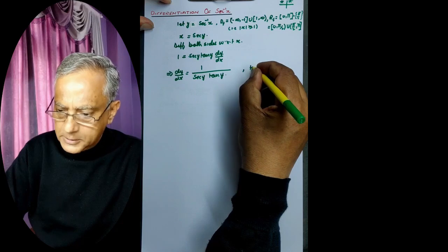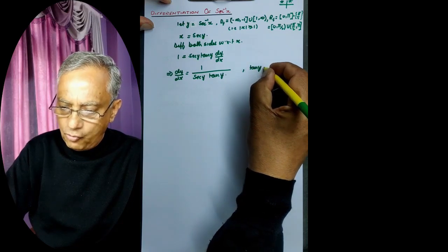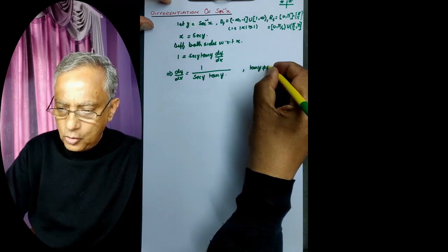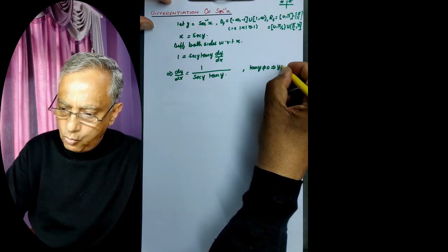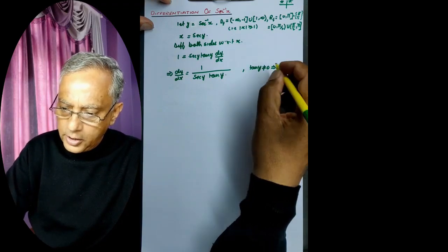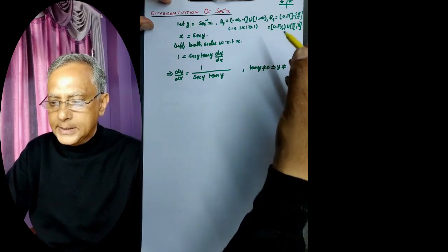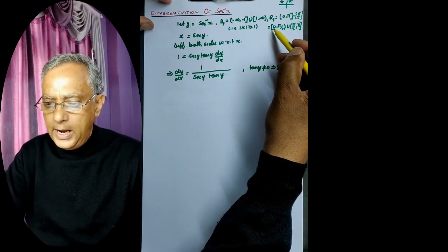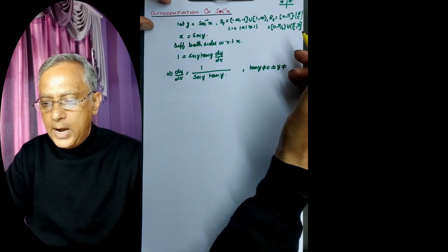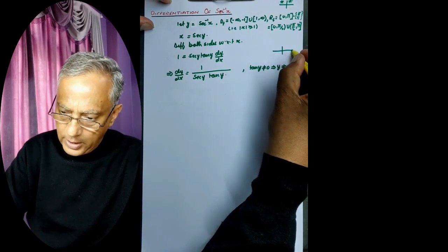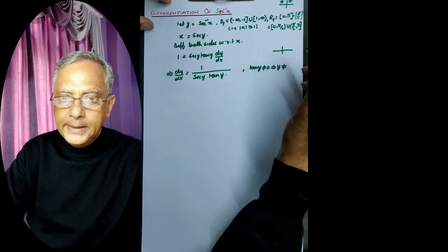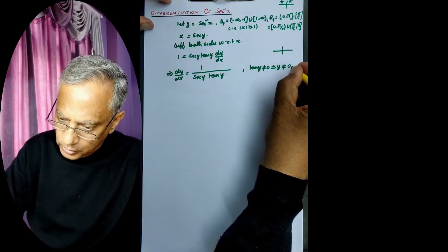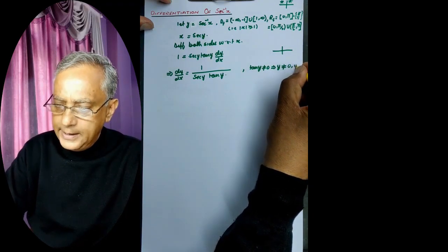So we must put a restriction here, tangent of y is not equal to 0. This implies y is not equal to, now tangent y is 0 at y equal to 0 and pi. Tangent y is 0 on this line, 0 and pi. So these 2 points have to be deleted.